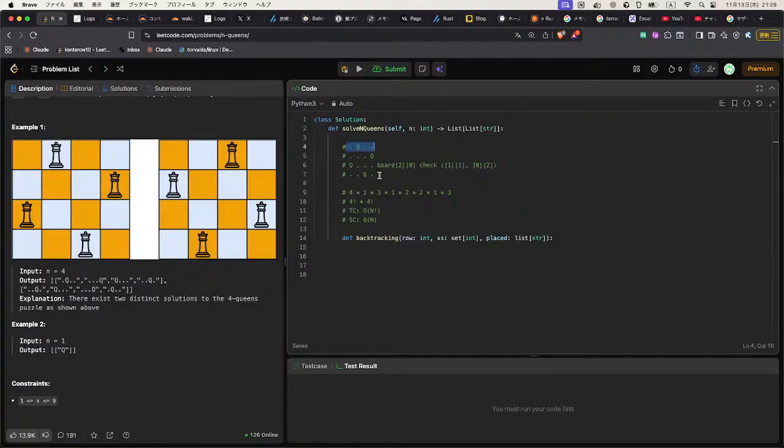So if row equal to n, that means all done. So return, and we have the global list that is called ans.